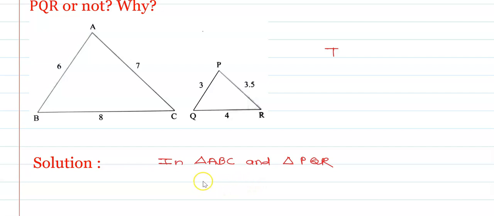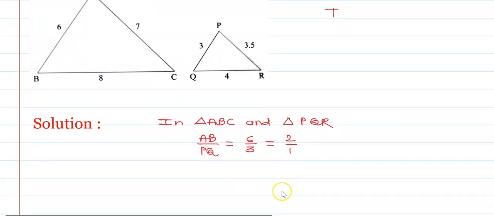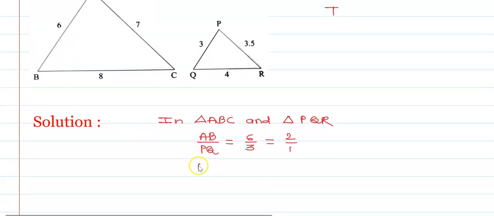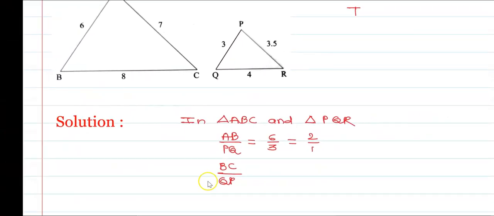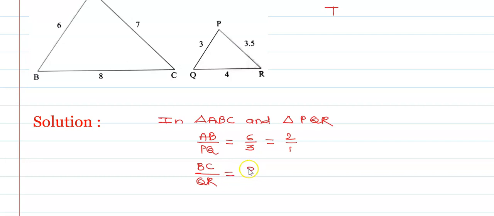We have AB upon PQ, which is equal to 6/3, and that is equal to 2/1. Then BC upon QR is equal to 8/4, and that is again equal to 2/1 after simplification.